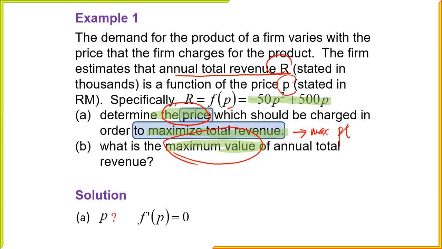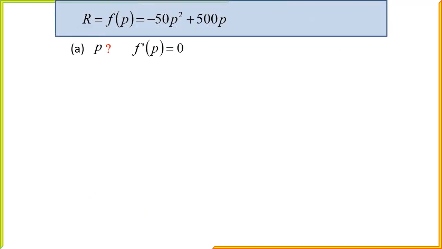So what we need to do is find the value of P when F'(P) = 0. We need to differentiate the revenue function, F(P), then equate to 0 and find the value of P. Our F(P) is equal to -50P² + 500P.